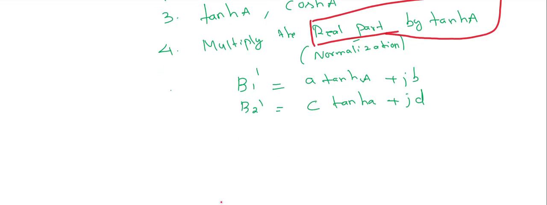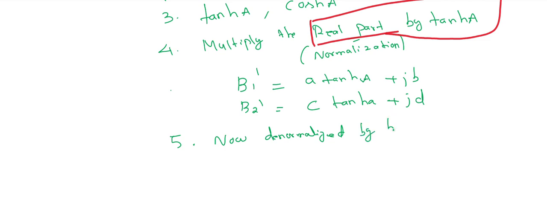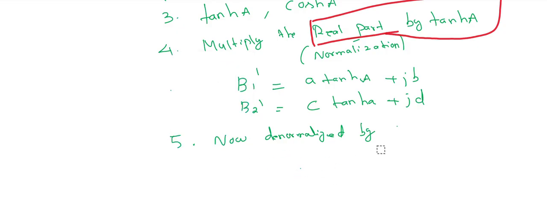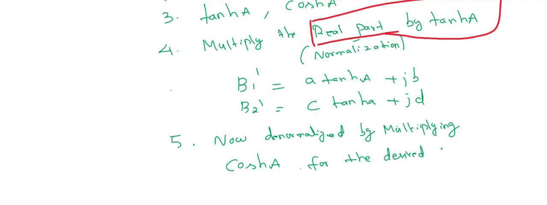Now denormalization, the fifth step. Now denormalize by multiplying by cosh A for the desired Chebyshev poles.